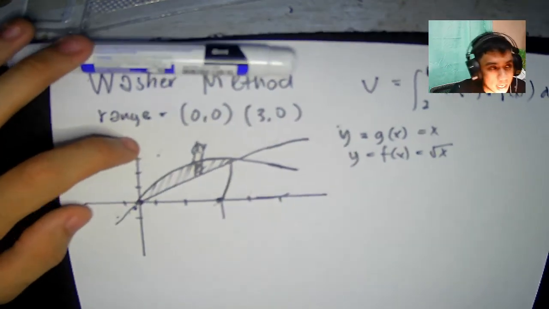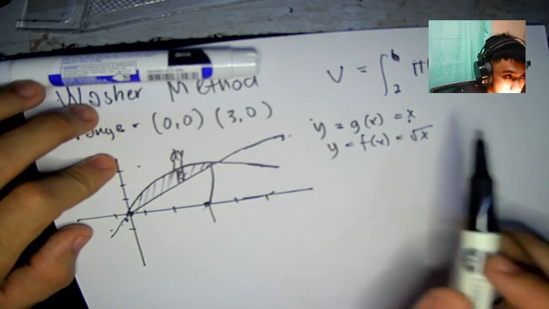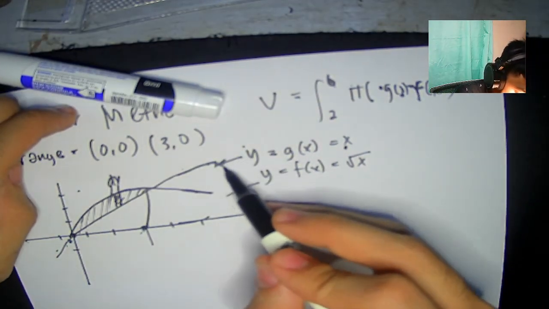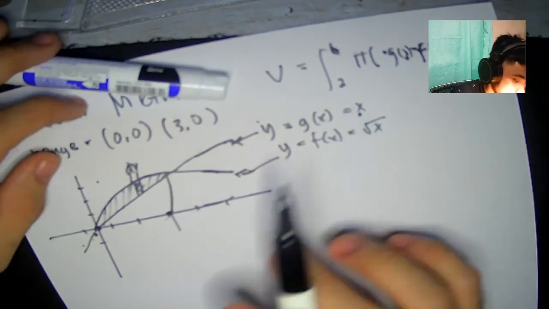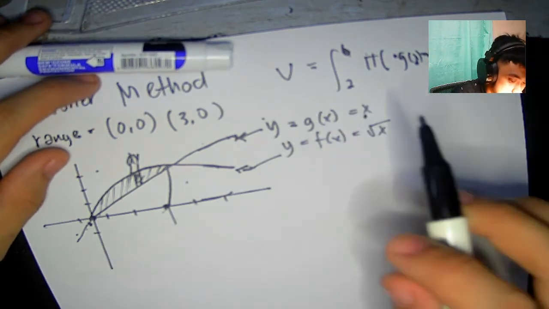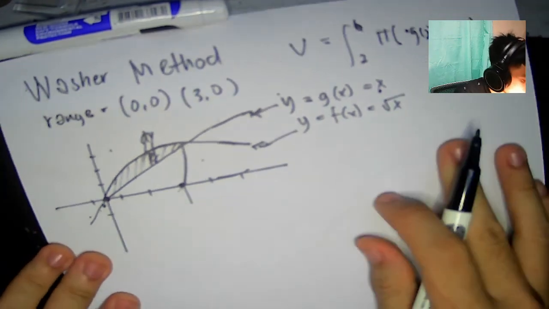The problem states that g of x is x and f of x is square root of x.